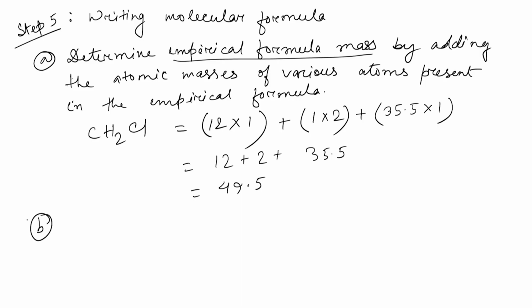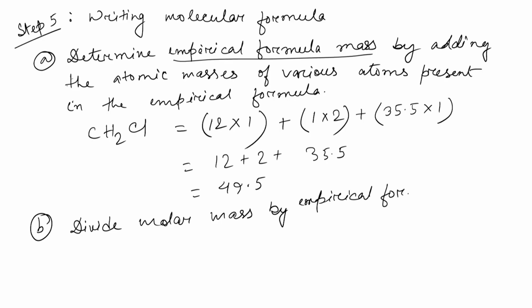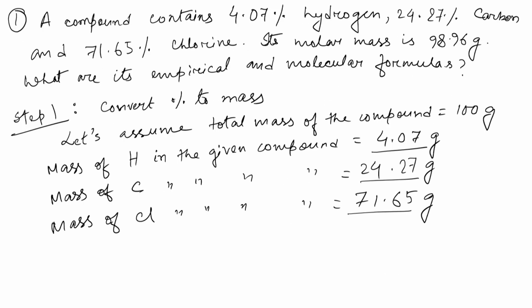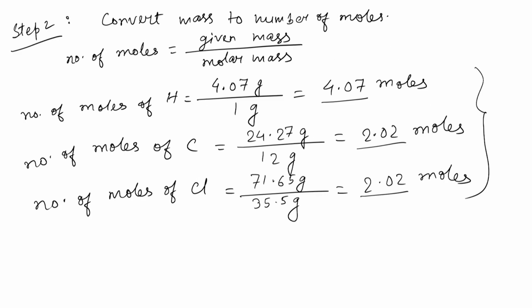Now, step B is to divide molar mass by empirical formula mass. Okay. What is the molar mass? The molar mass was given in the question. The molar mass is 98.96 grams.